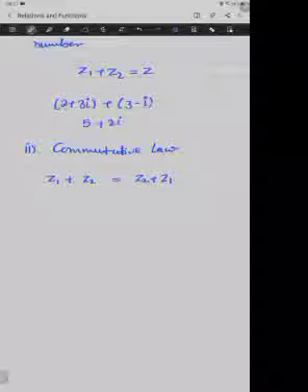Means for the sum of two complex numbers, the first one we write first and the second one second. If opposite, the second one we write first and the first one second, then it remains the same. As in the previous classes we said, A plus B equals B plus A. So the same way, Z1 plus Z2 will be equal to Z2 plus Z1. This is said to be the commutative law.